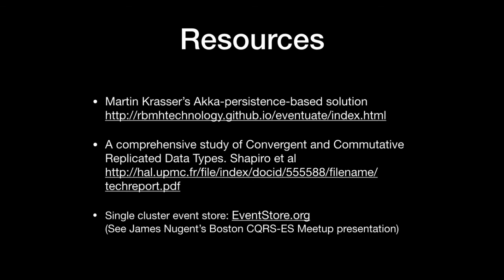And for a single cluster event store, a high-performing event store is eventstore.org. And if you look back at some of the Boston Scala meetup presentations, you can find his presentation.